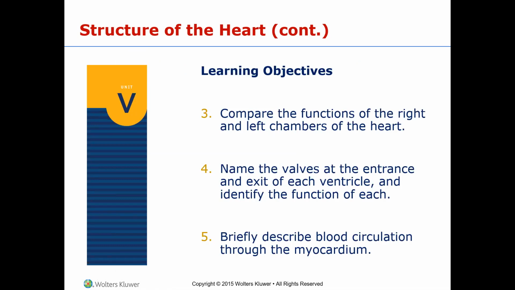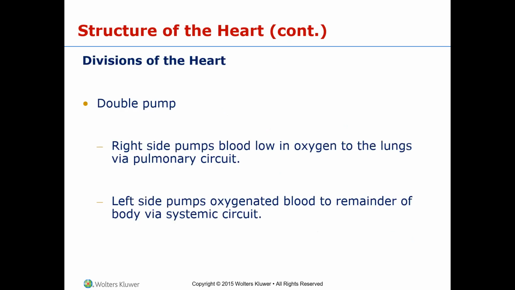The upper portion of the heart, the atria, are separated from the bottom portion of the heart, which are the ventricles. And then we'll look at how blood is circulating through the heart muscle cells themselves.